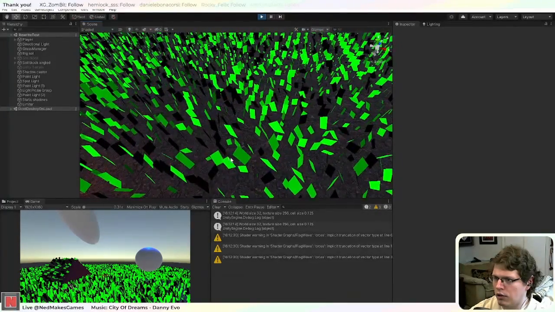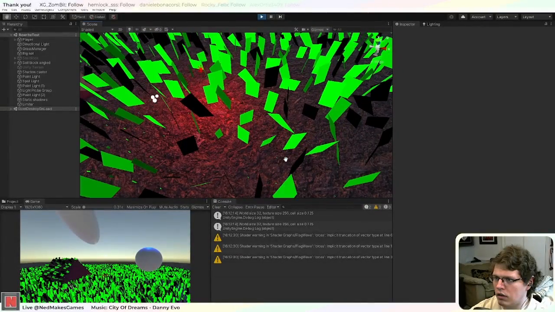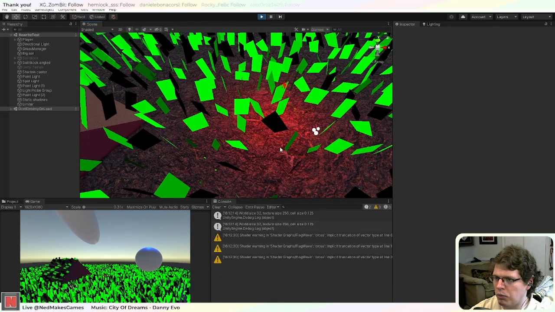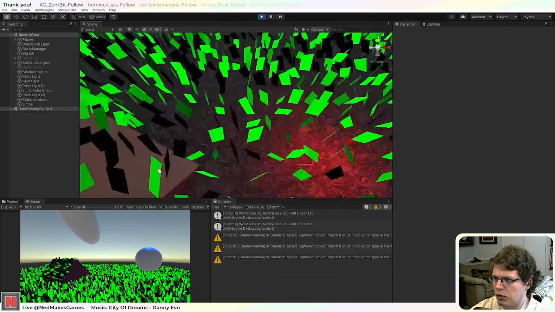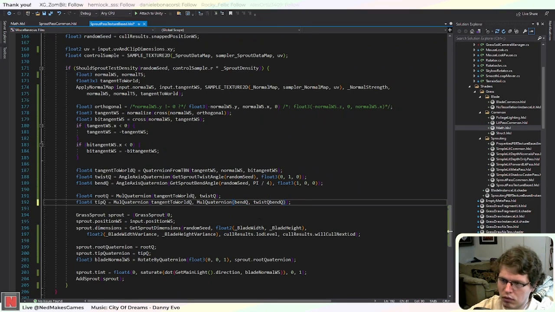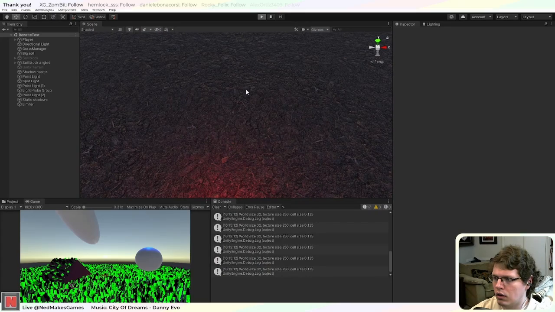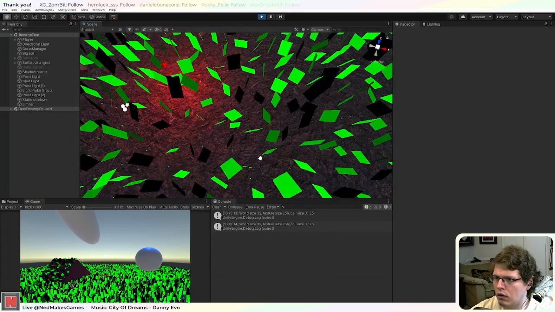Okay, yeah, I did do it out of order because you can see some of these grass blades are bending like they should only bend forward, and these are bending to the side, if that makes sense. So we have to bend first, so I just flip these. Did that do it right?